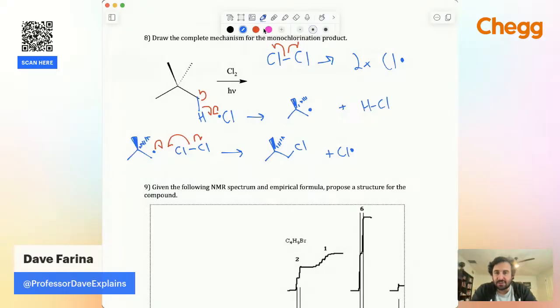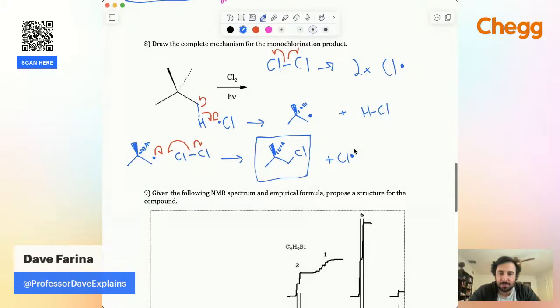So these are the steps to get to our monochlorinated product. I specified monochlorination because it wouldn't necessarily stop there, right? We could chlorinate again on the same carbon. We could chlorinate on a different carbon. We could keep going until there are a bunch of chlorine atoms on this molecule, but mechanistically it'd be the same every time.